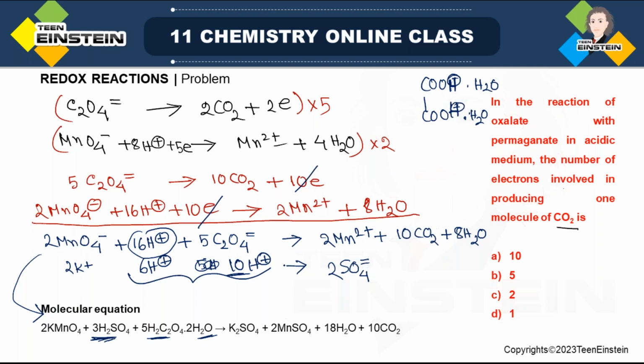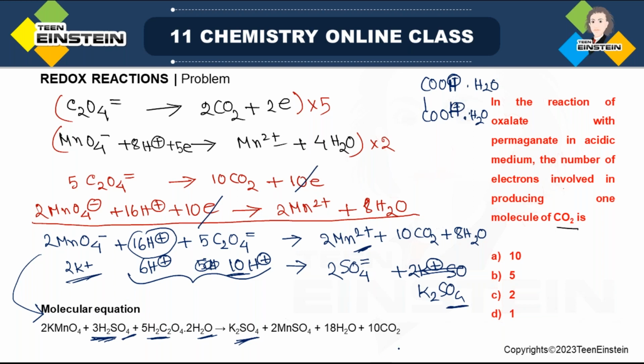And here 2 SO4 and 2 potassium we have added. So when we are adding potassium, here 2 potassium also we have to add, and there will also be potassium sulfate. So it is ultimately K2SO4. So the total number of sulfate ions is also the same on both sides. It is 2 SO4 here, 1 SO4, that means total 3. And here we have 3 H2SO4, that means 3 sulfate ions present in 3 sulfuric acid.